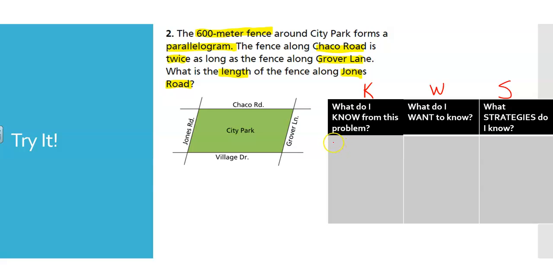So I would know that the perimeter is 600 meters. And then I'm going to say Chaco Road. Chaco is 2 times Grover, right? Because it told me that. And it's a parallelogram, so that helps too.